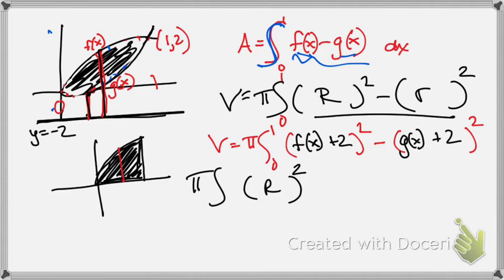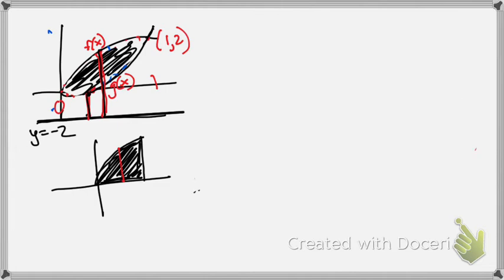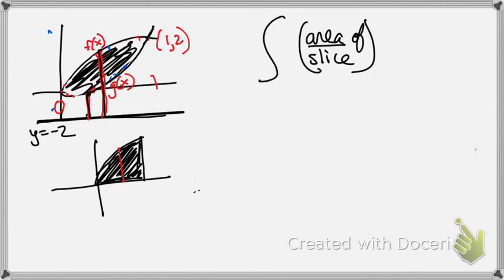Okay, last, volumes by cross section. So for volumes by cross section, you find the area of whatever the slice is, or the cross section. And sometimes they even give you the formula for the area of the slice, so be warned. So they give you area, and then you integrate area to turn it into volume, okay?